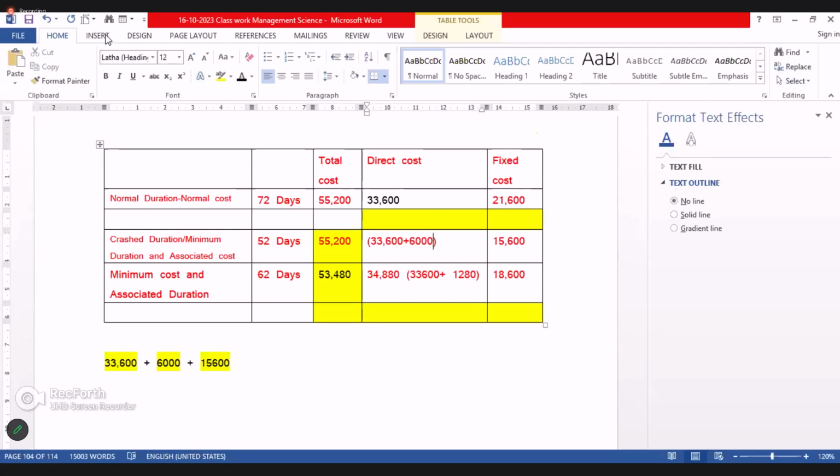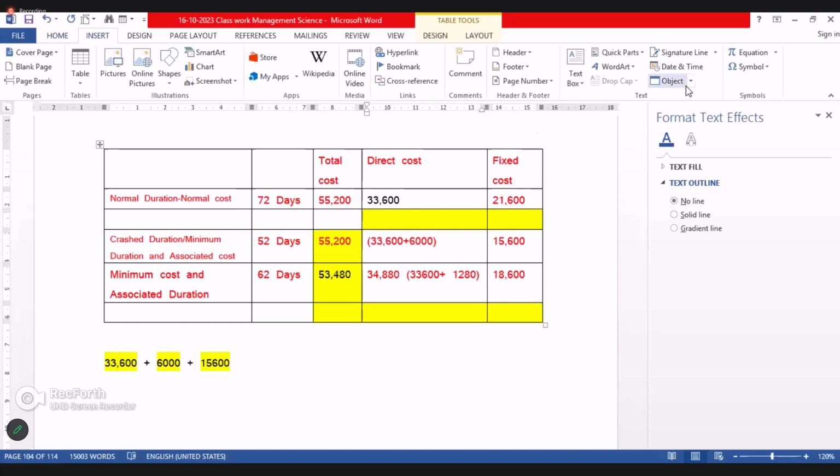This activity cost increases by 6,000. Fixed cost is reduced by how much? 6,000. Fixed cost is also reduced by 6,000. That's why this remains 55,200. But due to crashing, the extra cost is 6,000.